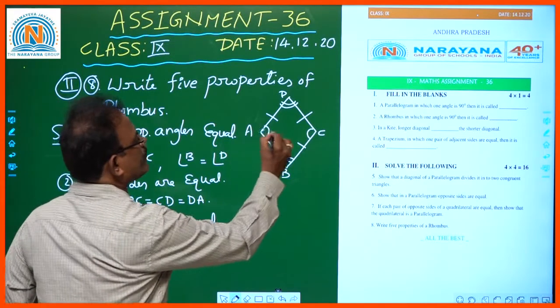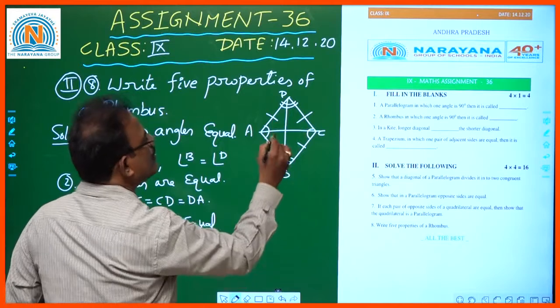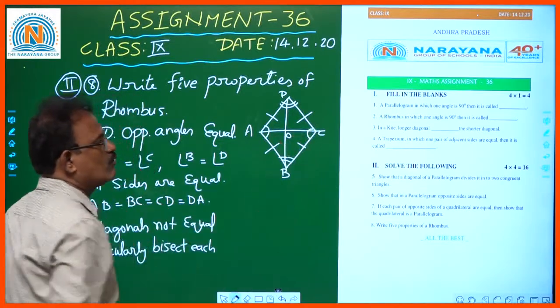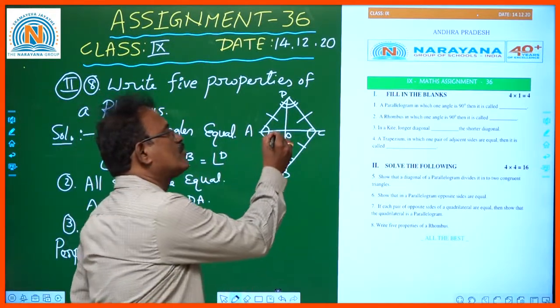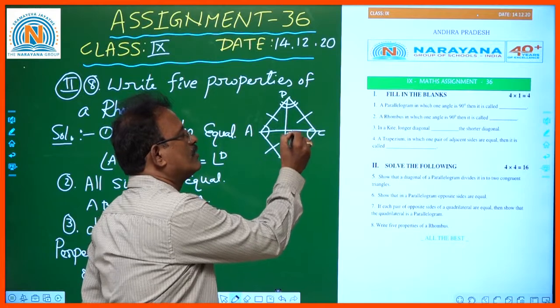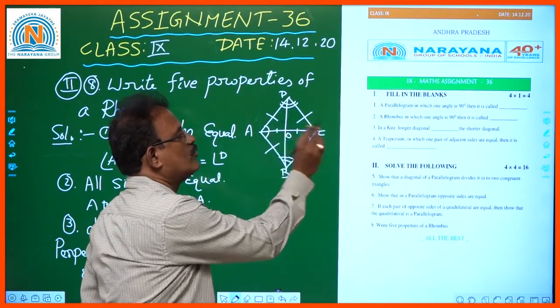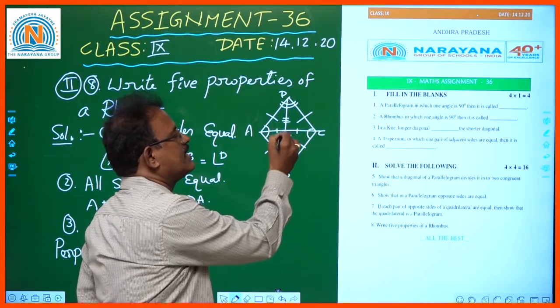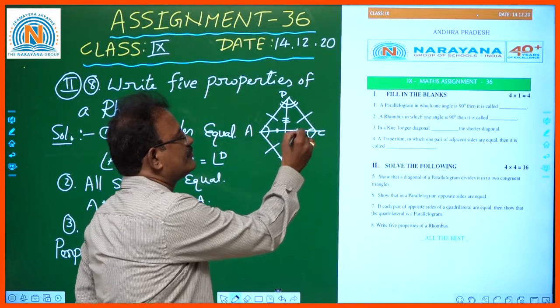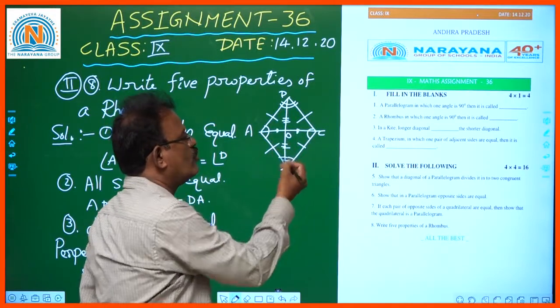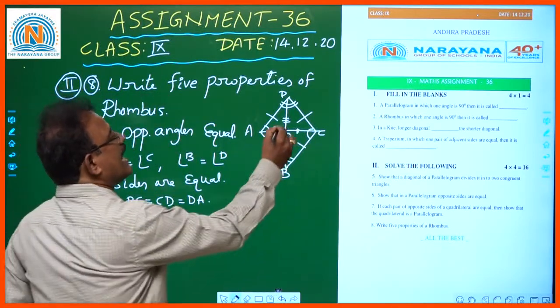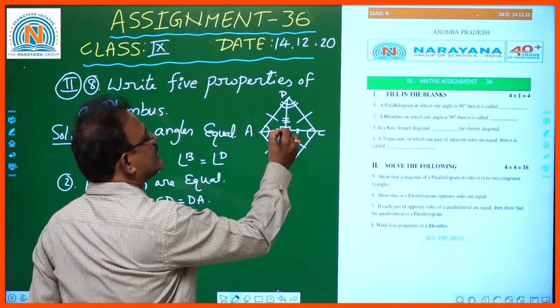That means both are intersecting at O. That means OA is equal to OC and OD is equal to OB, and angle at O is 90 degrees.